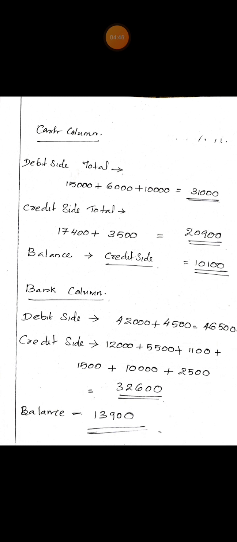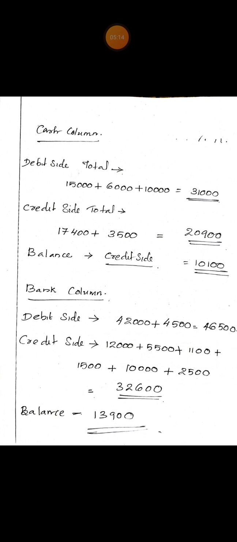Debit side total of cash column 15,000 plus 6,000 plus 10,000, 31,000. Credit side 17,400 plus 3,500. In this case, debit side total is more than the credit side total. So the balance will arise on credit side. Balancing figure is 10,100.